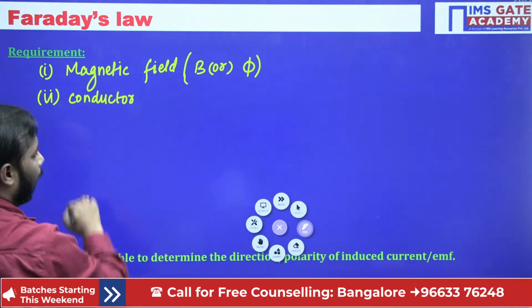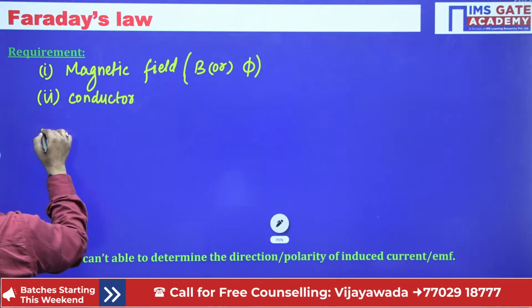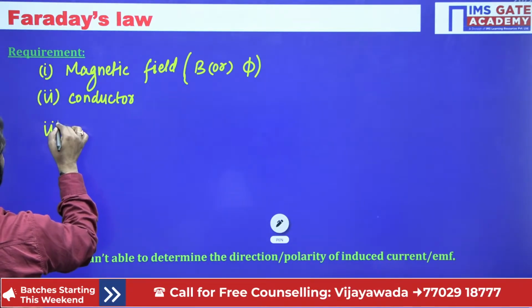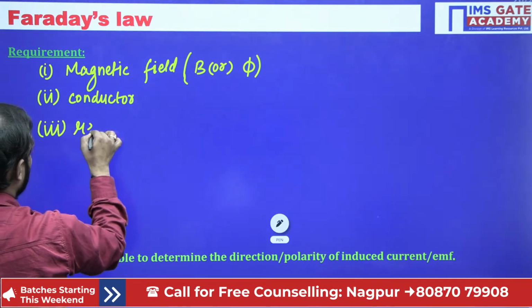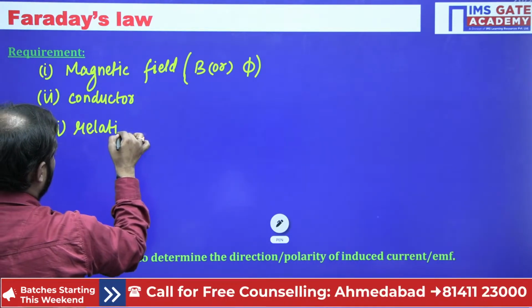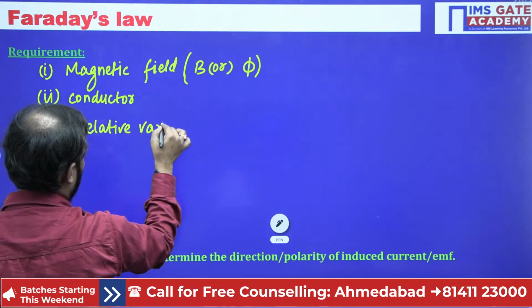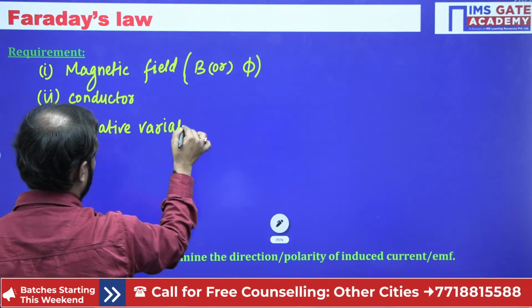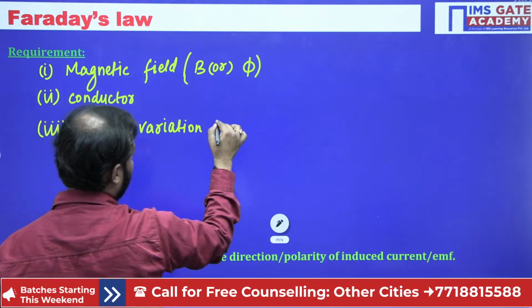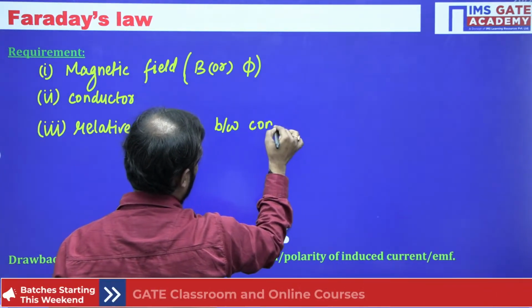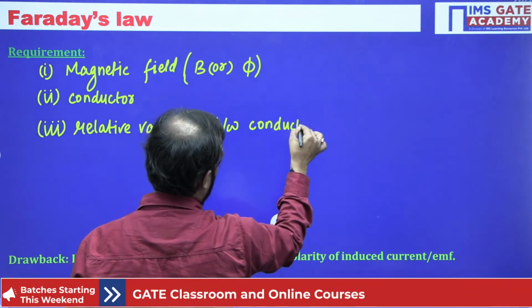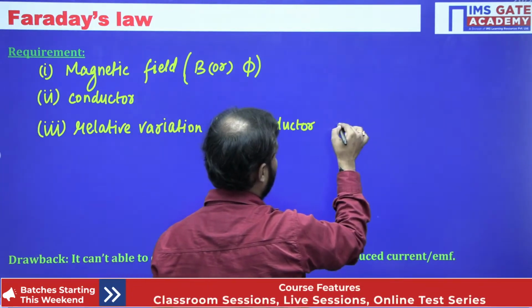And the third one, which is very important, is the relative variation between the conductor and the magnetic field.